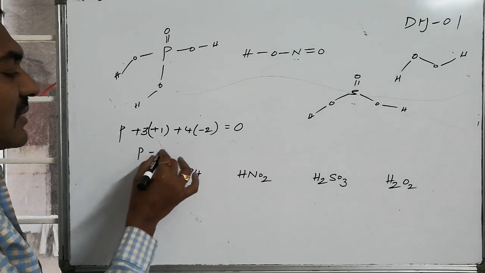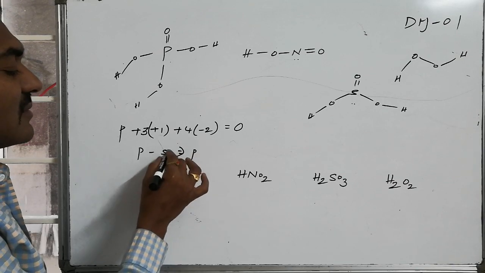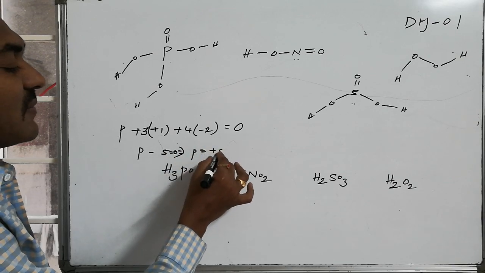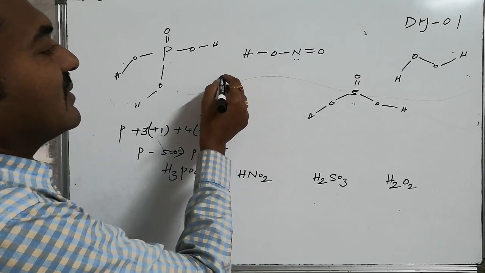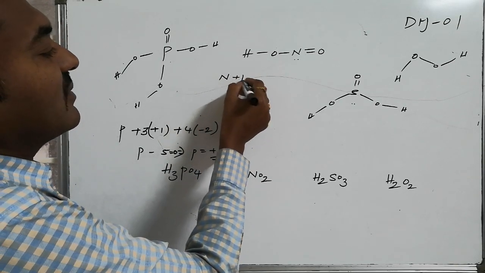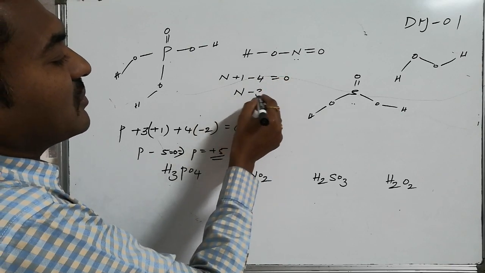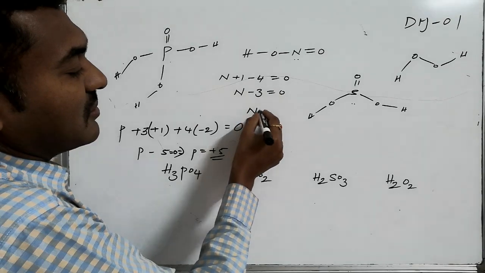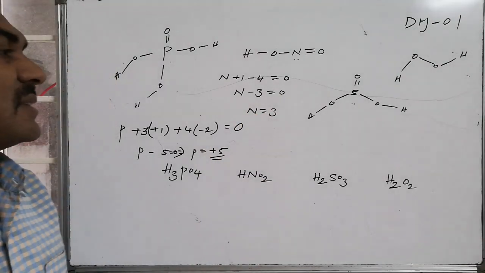So phosphorus - 5 is equal to 0, hence phosphorus is +5 is the oxidation number. Similarly, in nitrous acid, nitrogen + 1 - 4 becomes equal to 0, nitrogen - 3 is equal to 0, hence the oxidation number of nitrogen becomes +3.